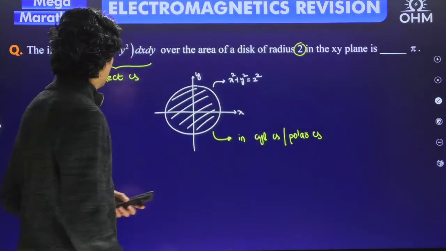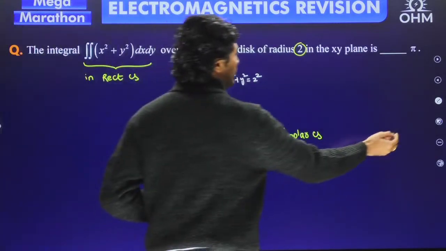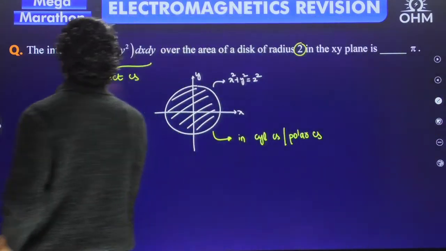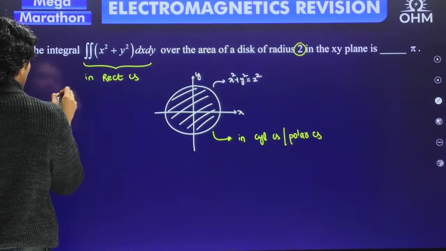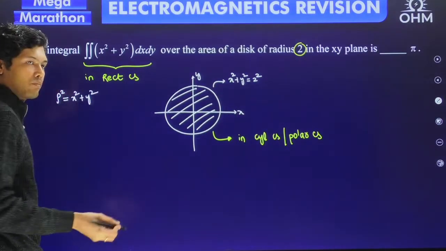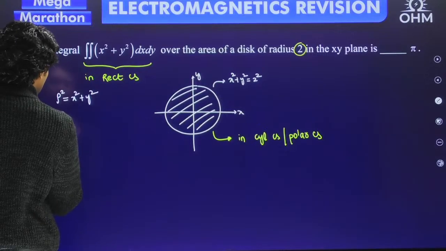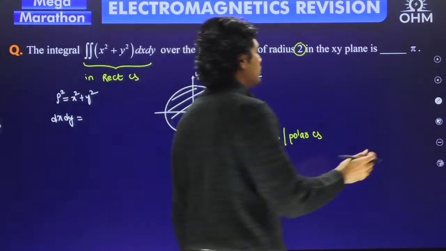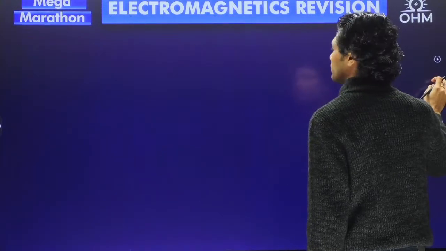Okay, so what you do is, we know certain conversion formulae. That is nothing but in cylindrical coordinate system, rho square becomes equal to x square plus y square, right? Yes, and furthermore dx dy, this is the area along z cap direction. Okay, let's go back to one of the previous.